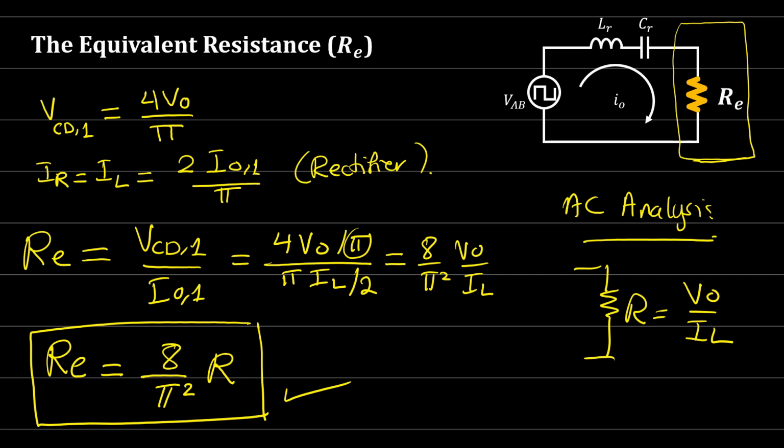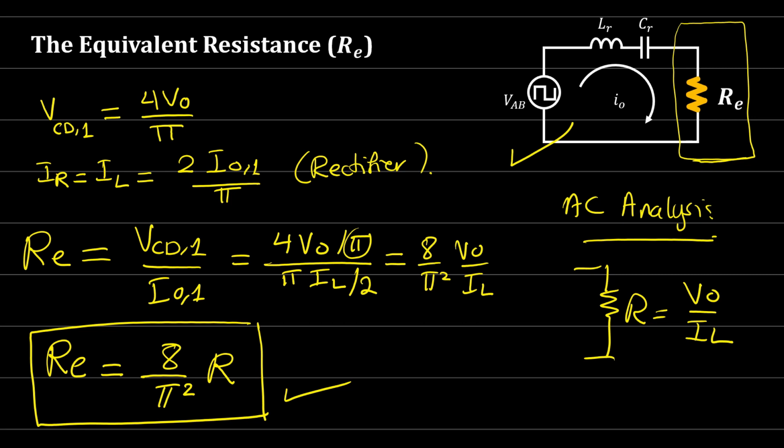Once we replace the whole part, we can deal with this converter as a normal AC circuit like this, or as an inverter, similar to the resonant inverter. So life will be much easier if we use this equivalent resistance, right?